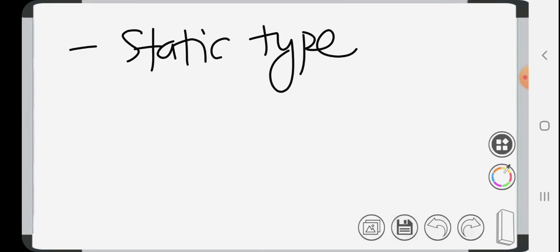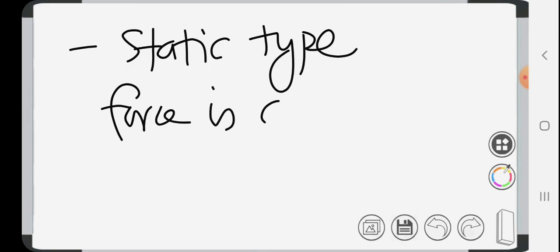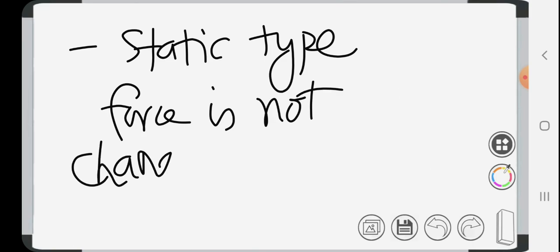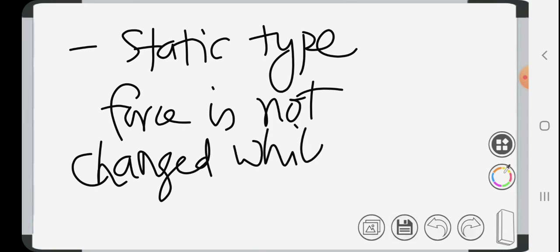So the force is not continuously changed while we take observations.